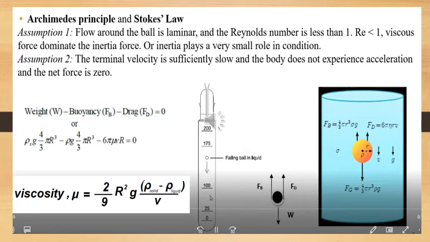So if we look at the free body diagram, we see that the weight is positive and the buoyant force and the drag force are negative.